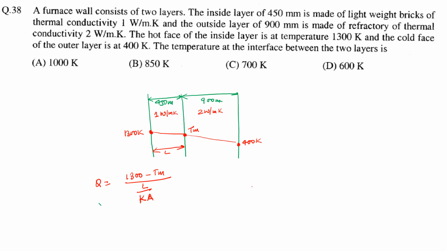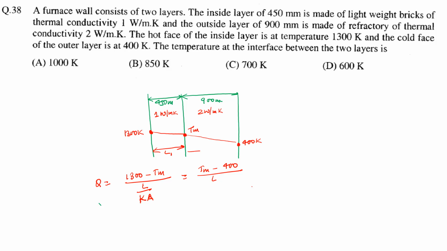The heat flow rate remains the same, so it will also be equal to Tm minus 400 divided by L by KA.